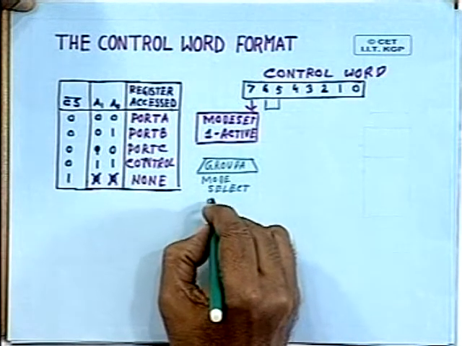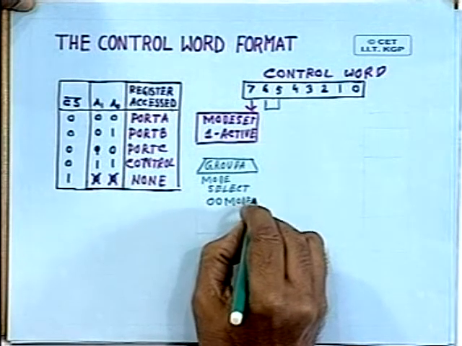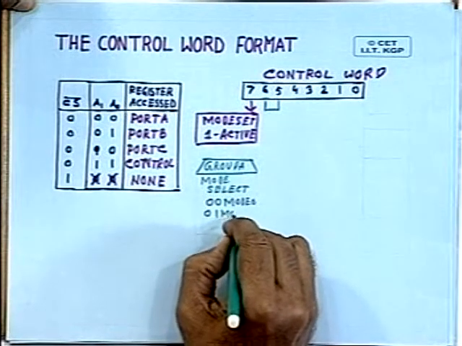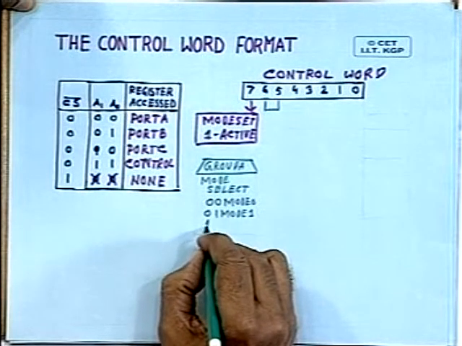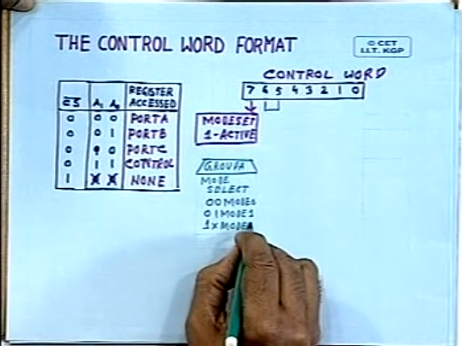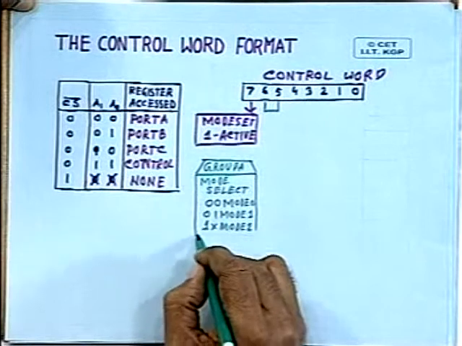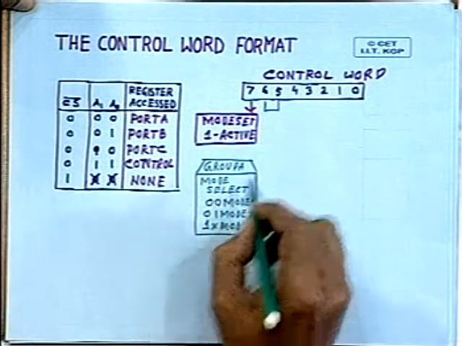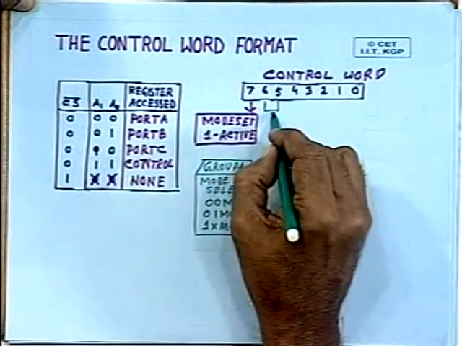Whenever these two bits are 0 0, it is mode 0, whenever this is 0 1, it is mode 1, and whenever it is 1 x, it is mode 2. That means the device can be configured in 3 different modes: mode 0, mode 1 and mode 2, by writing 0 0, 0 1 and 1 0 or 1 1 into these two bits.